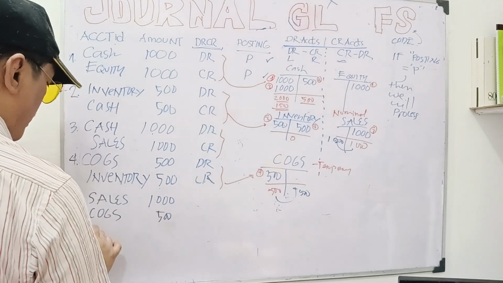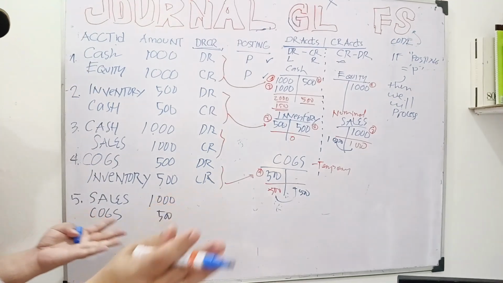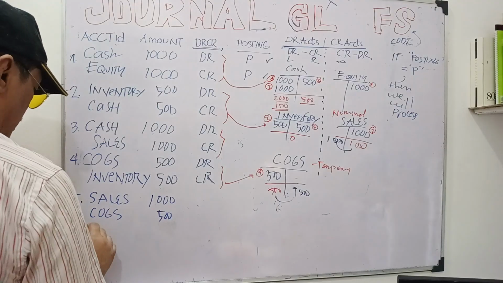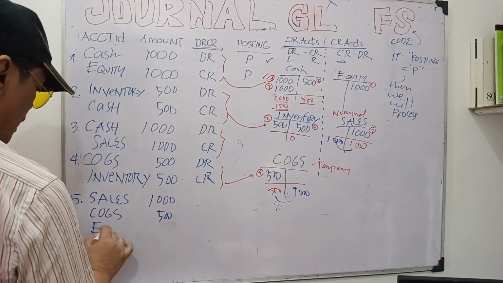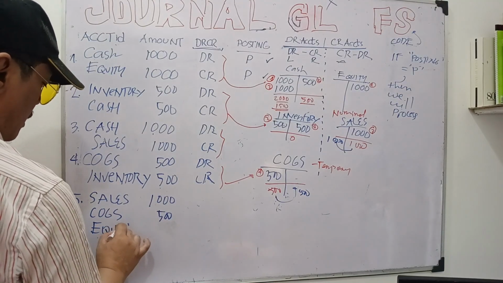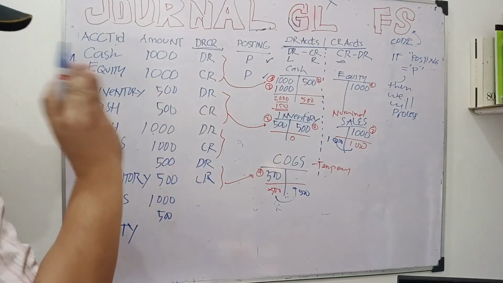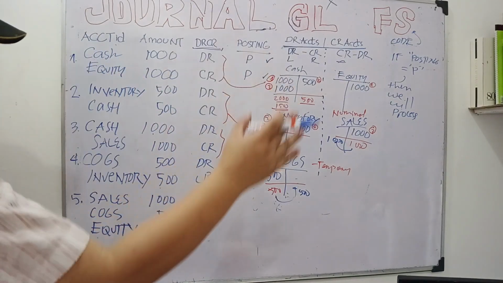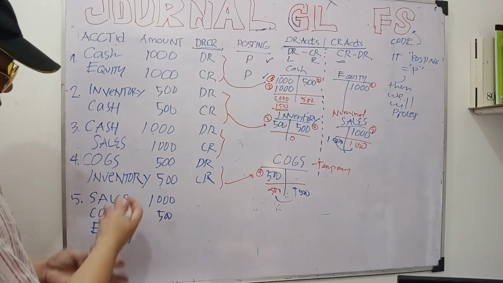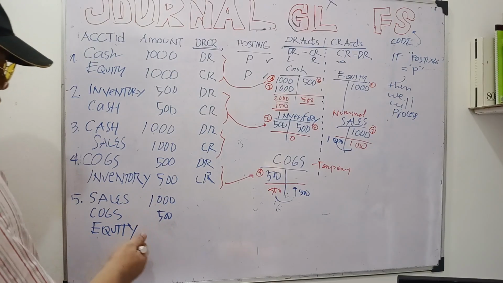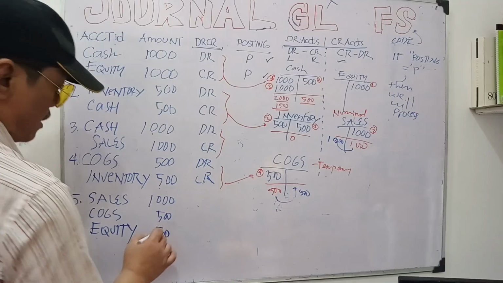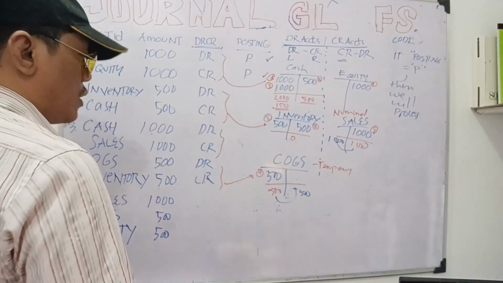The remaining would be the income, which is supposedly an income statement item, but in the table this is actually equity, right? Because income is just for purposes of reporting, but in the table this is equity.